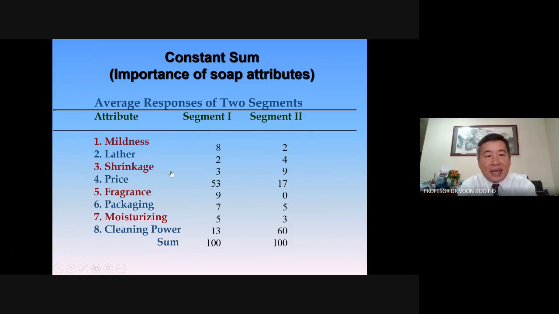So in this case, you can see to distribute 100 points across these attributes of the soap: mildness, how many points, and then price, how many points, and so on, right? So it's up to the respondents to distribute across these objects using these 100 points. But of course, you have to ensure that these points will total up to 100, right? So this is helping us to know the relative importance in relation to these few objects shown here.